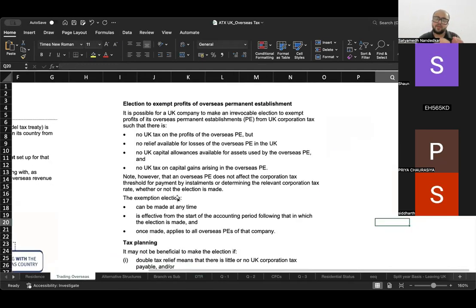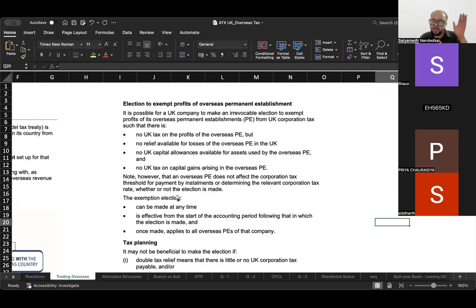Okay. Now, when you are trading overseas, you could do it in two ways. One is you could establish a subsidiary there. A subsidiary is a separate legal entity. It is a separate company altogether. Or you could have a permanent establishment like a branch or a showroom or an office overseas. Now, understand what happens here.